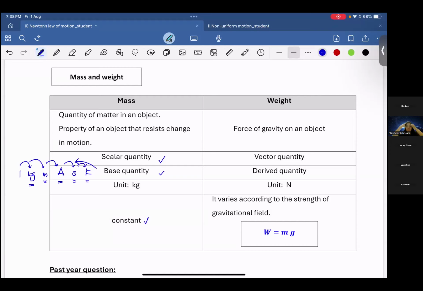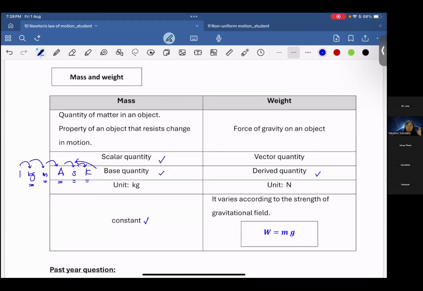Besides these 5, there are another 2, luminous intensity and amount of substance, which are in year 13. Except for these 7 base quantities, all others are derived quantities.